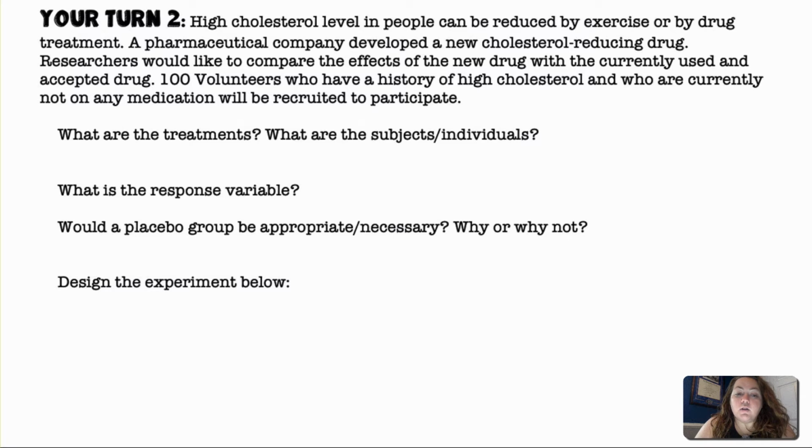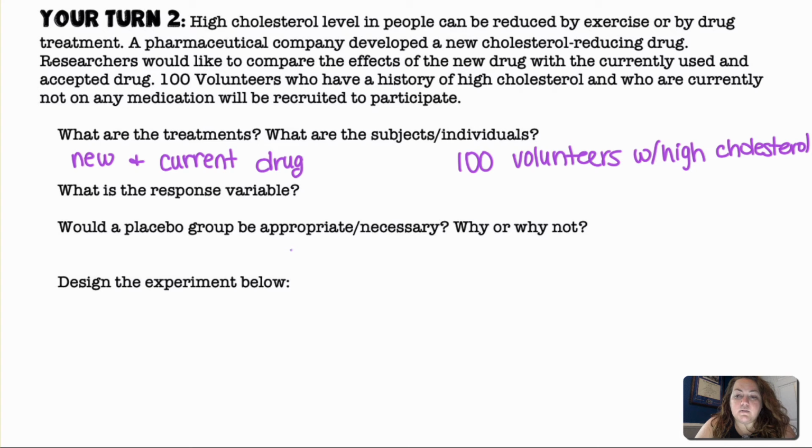What are the treatments and what are the subjects or individuals? Well, the treatments are the new drug and the current drug, and the subjects are 100 volunteers with high cholesterol. The response variable is the cholesterol level.